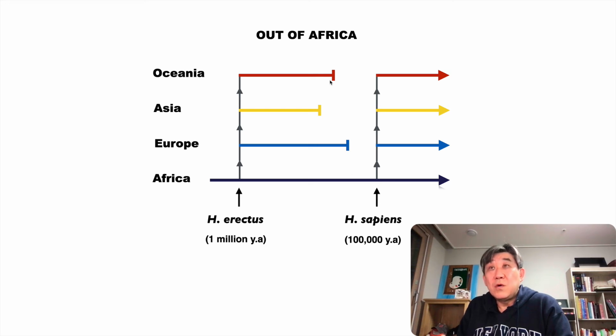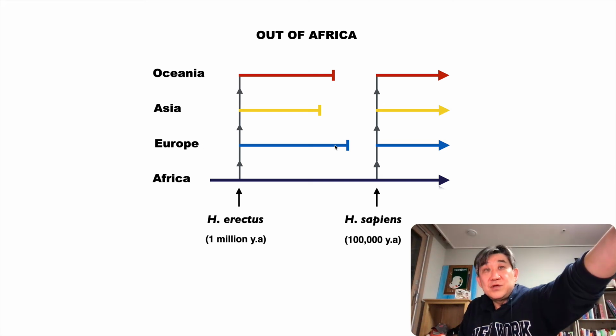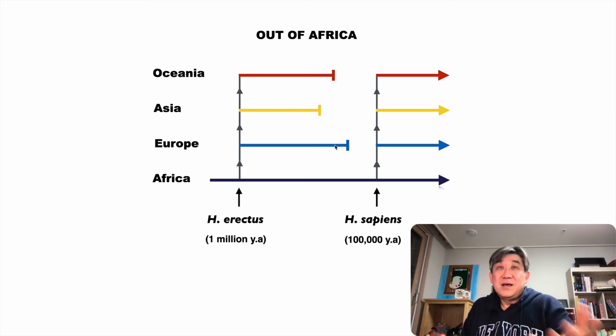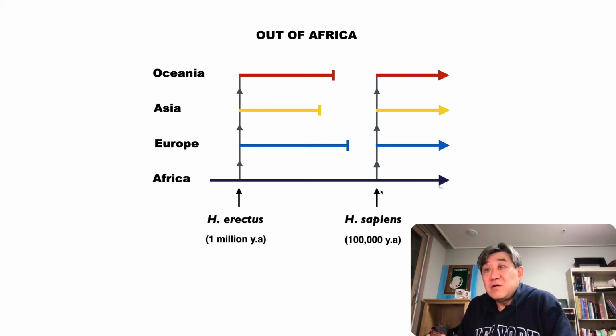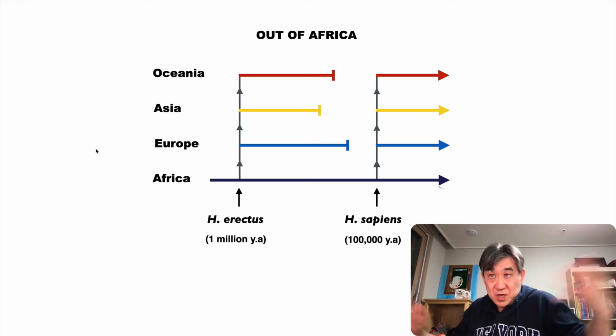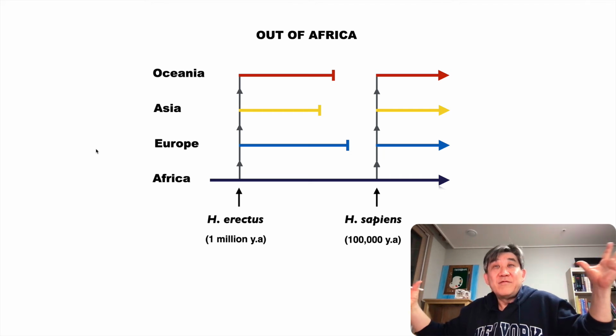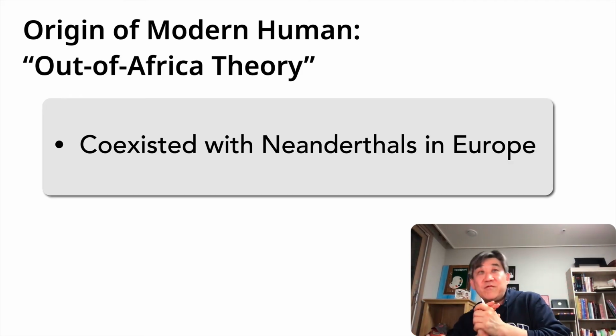Although the initial Homo erectus migration failed to make continuous evolution apart from the Neanderthals, this time the descendants of Homo sapiens could settle in all other places of the earth to become the foundation of modern human races.